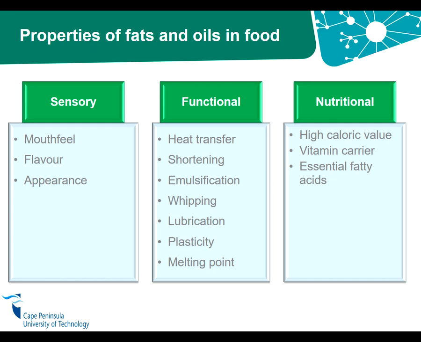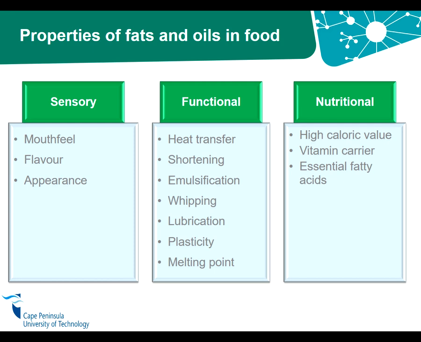In terms of functional, they play a role in heat transfer and in producing products such as shortening, in emulsification, whipping, lubrication, plasticity, melting point. Nutritional, as I've said, they have a high caloric value, they carry fat soluble vitamins, and they also contain essential fatty acids.